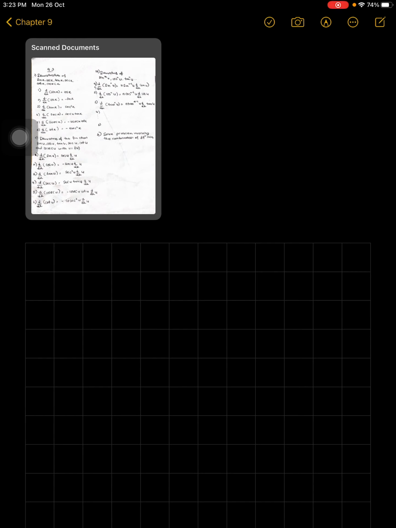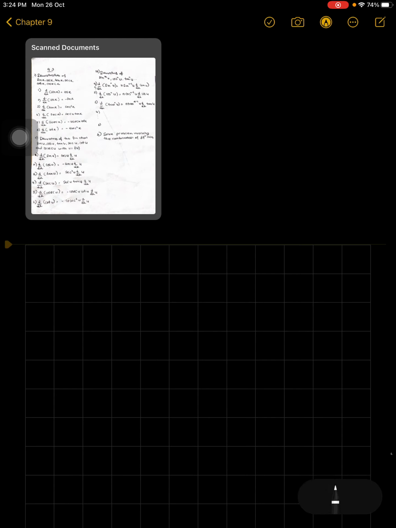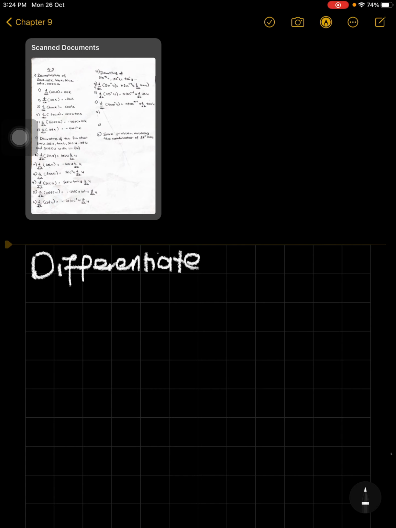Okay, kita pergi kepada contoh yang pertama untuk derivative of the function. Okay, for example, the first question, differentiate with respect to x.